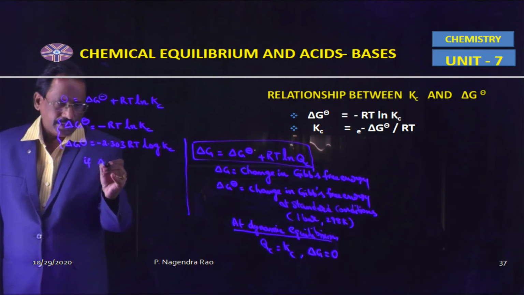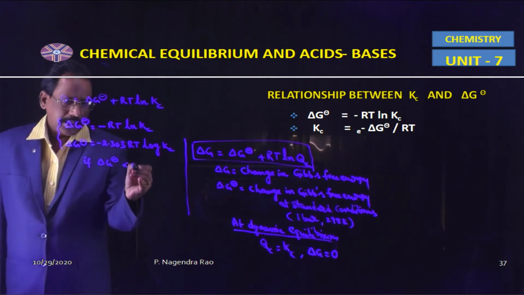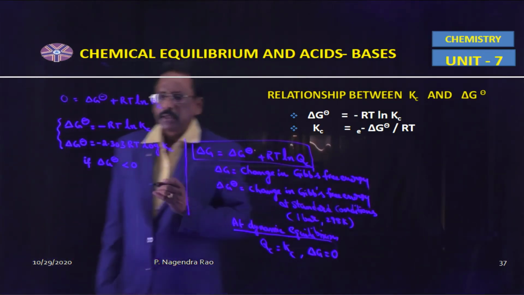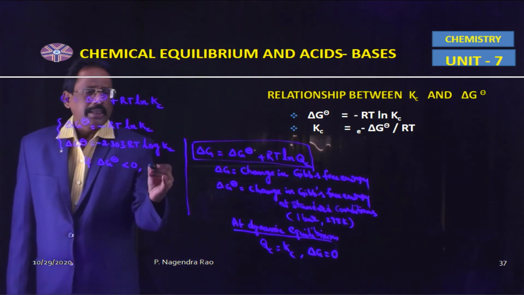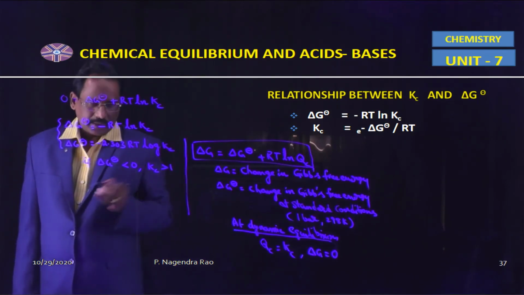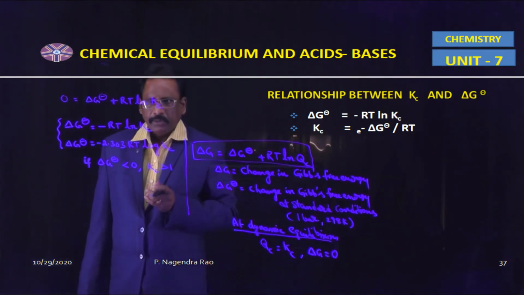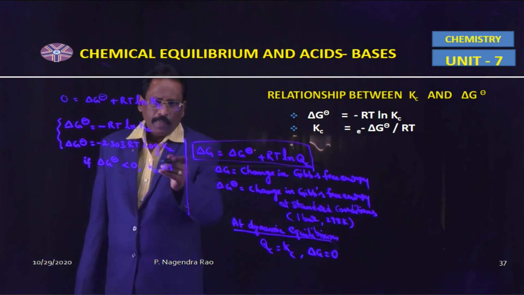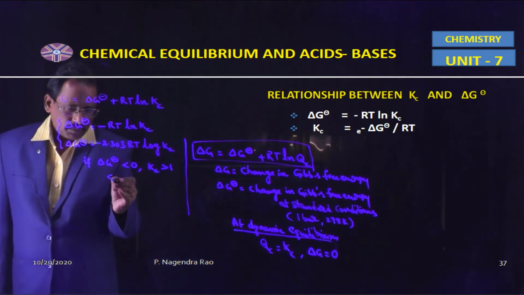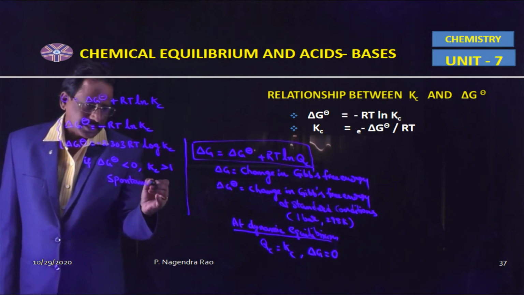If delta G at standard conditions is less than 0, if it is negative, then Kc is greater than 1. That means the forward reaction takes place. That is the meaning of a spontaneous reaction.